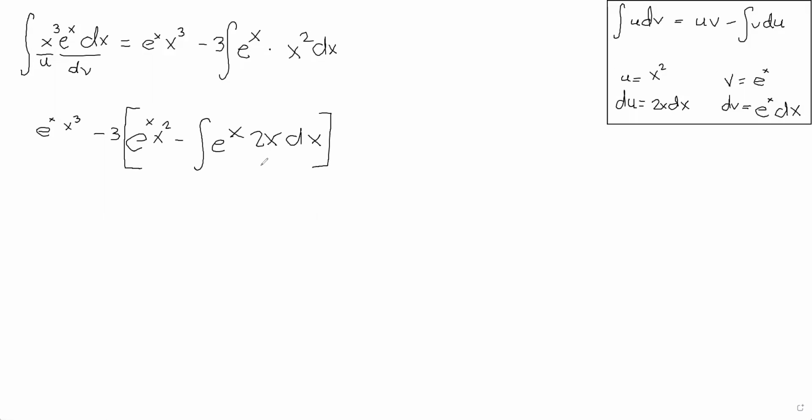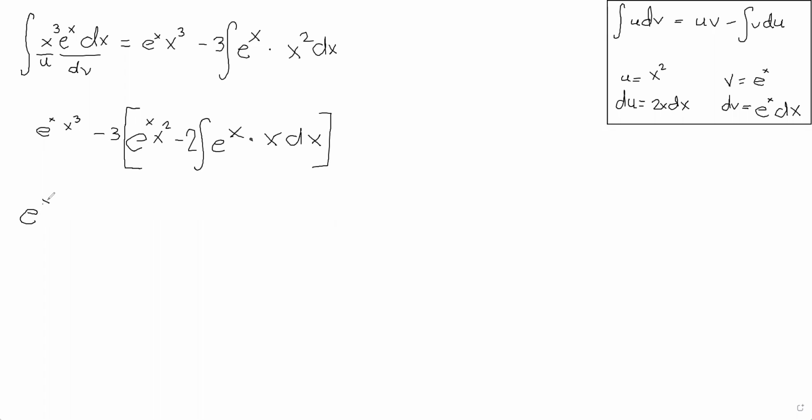So we're getting somewhere at least. We're going to have to simplify this a little bit more and then do another iteration of integration by parts. So I'm going to move the 2 out front just to make things a little easier to handle. So our integral becomes this. And I'm going to just simplify things a little bit. I don't like having multiple sets of nested brackets, so I'm going to distribute the negative 3.